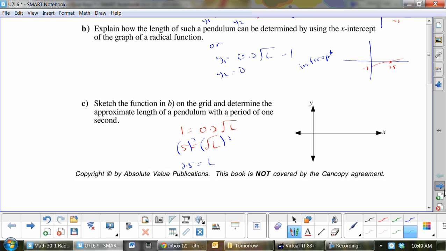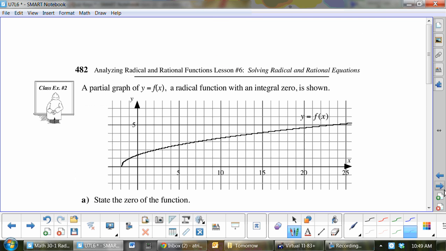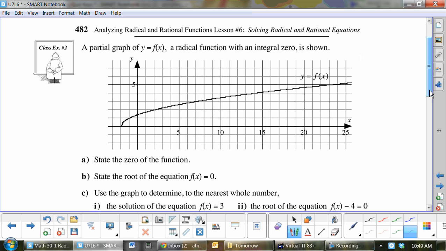Okay, some good review for this next one, and a couple questions that I think would really, and I know, would separate the province right in half. I know half the students would get it, half the students wouldn't, and it's an easy question. Now, I don't want to give away the ending yet.